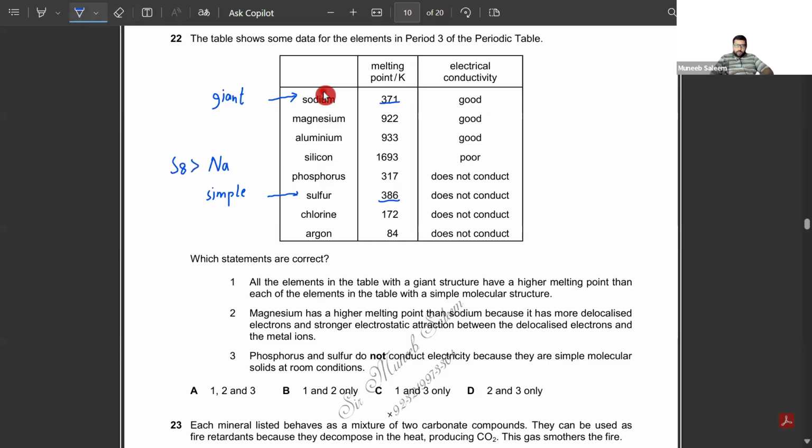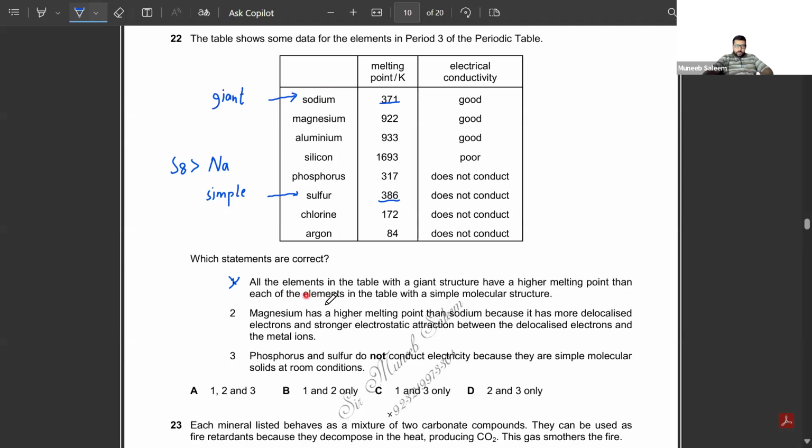So we cannot say that all the elements in the table with a giant structure have a higher melting point, because sodium has a giant structure, but its melting point is smaller. Then we look at statement 2. Magnesium has a higher melting point than sodium because it has more delocalized electrons and stronger electrostatic attraction.